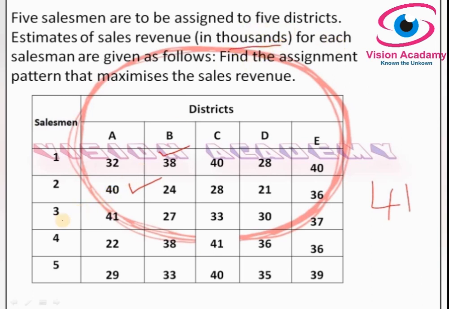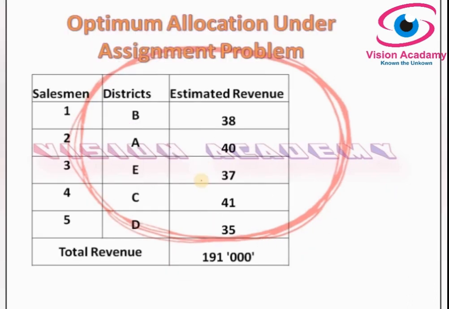Salesman 3 allotted to E means 37,000, and salesman 4 allotted to C, 41,000. Salesman 5 allotted to D. Okay, so 38, 40, 37, 41, 35.